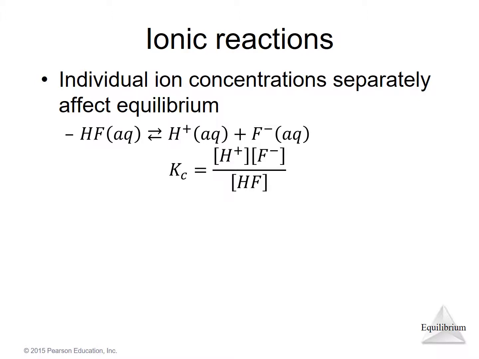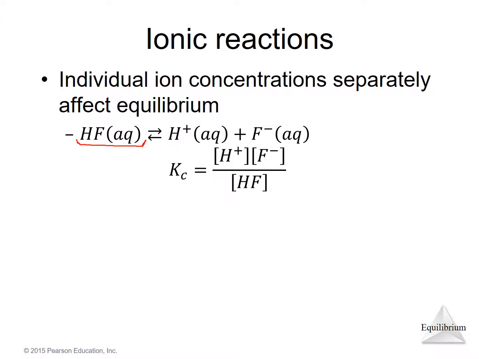So here's an example, and this will be an important kind of example. We'll do a lot with this when we get to acids and bases. But here is aqueous HF, something in aqueous solution, that dissociates into H+, a hydrogen ion, and fluoride ion.